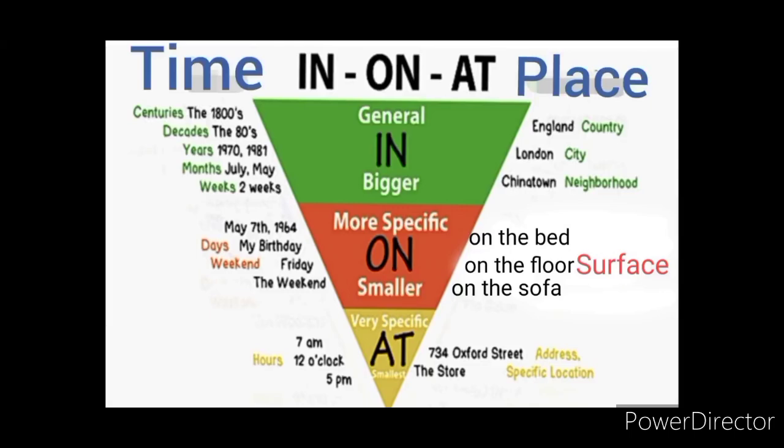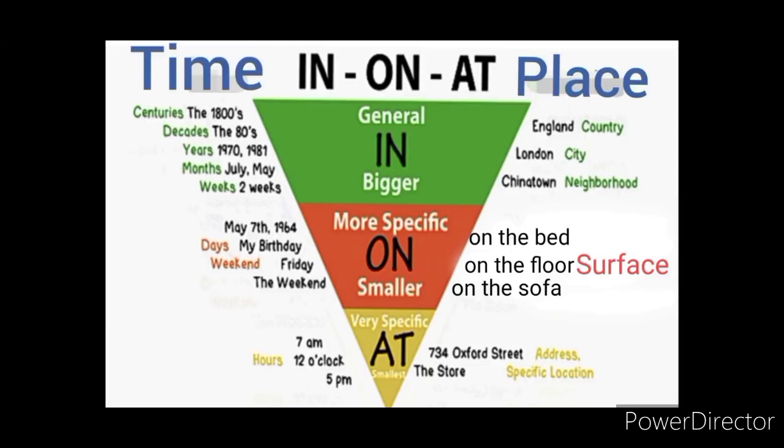If you look at the left hand side, you see that preposition in is used as preposition of time when we refer to centuries, decades, years, months or weeks. And preposition in is used as preposition of place when we talk about a larger area. It is used with country, city or any neighborhood.